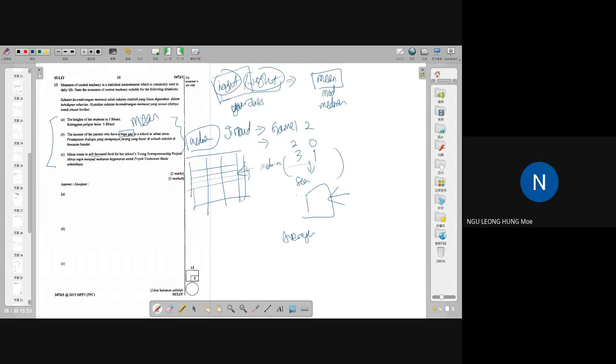Kalau jual favorite food, mean, mode, median, mana guna? Kalau kamu nak business, you buat survey dulu kan. You buat survey, apa yang kamu tengok? Kalau you jual, ada banyak orang suka lah, mode lah. So ini mode lah. Boleh faham?